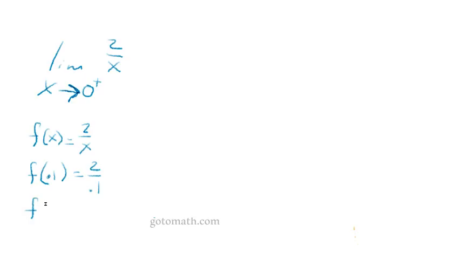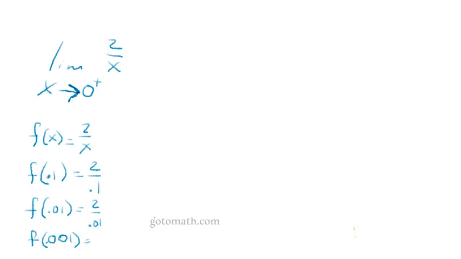Then what we could do is plug in 0.01. This is the numerical approach. Of course, on these right- and left-handed limits, sometimes this is how you have to do it. Plug that in, see what you get, and you can get an idea of what's going on here as you get closer and closer to 0.